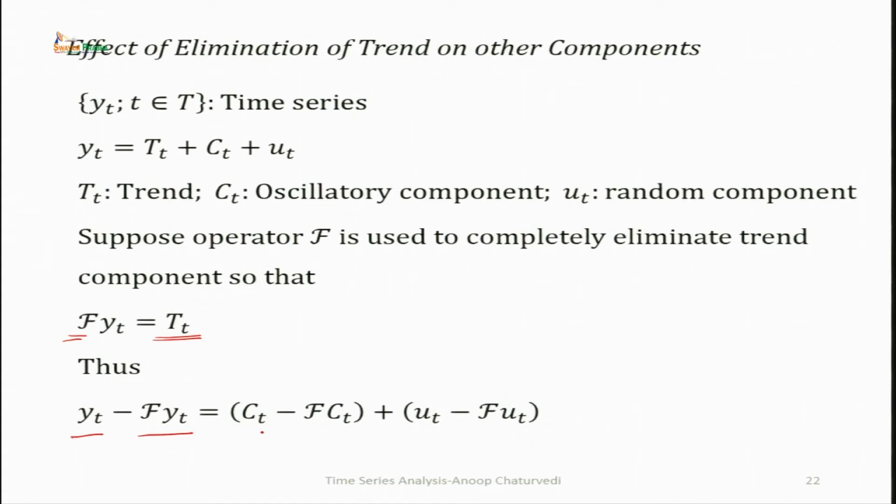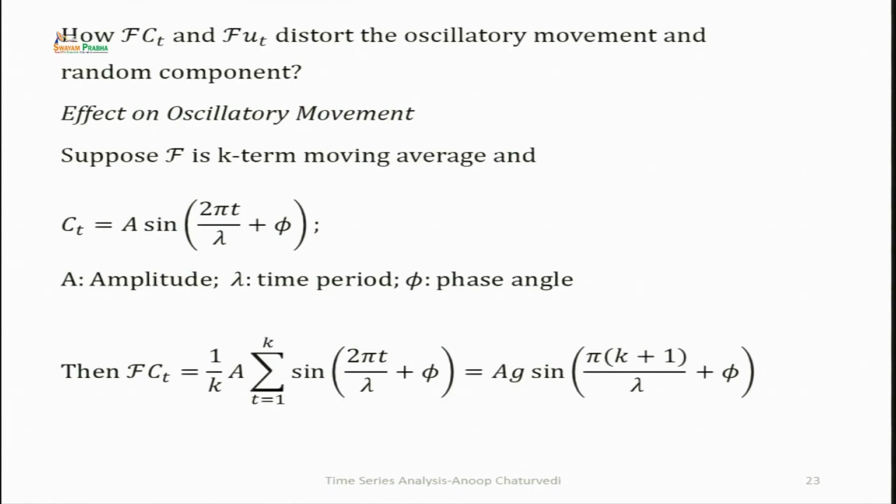So, naturally, it is going to affect the cyclical variations and irregular variations also. So, the problem is how f c t and f u t are going to distort the oscillatory movement and random component. Now, first we consider the effect on the oscillatory movement.